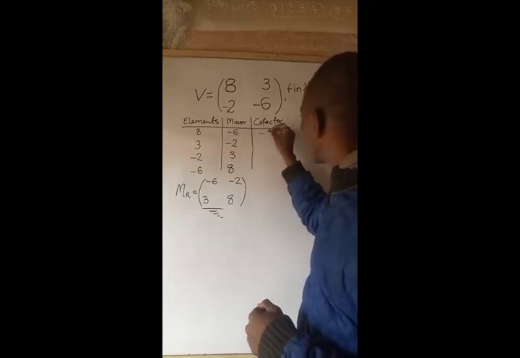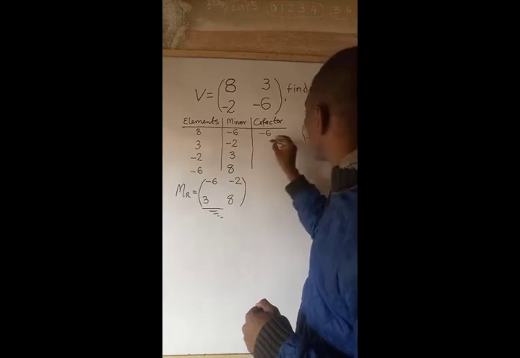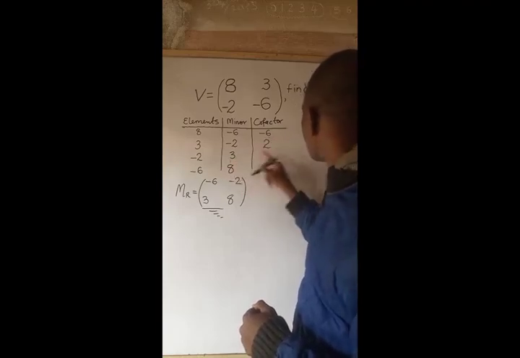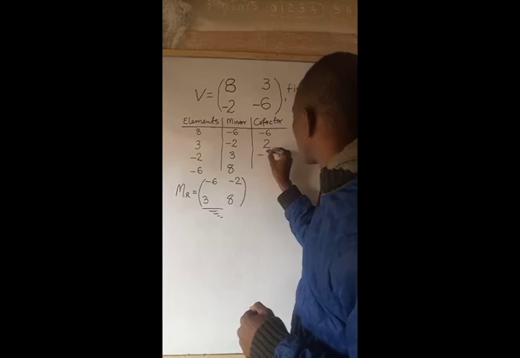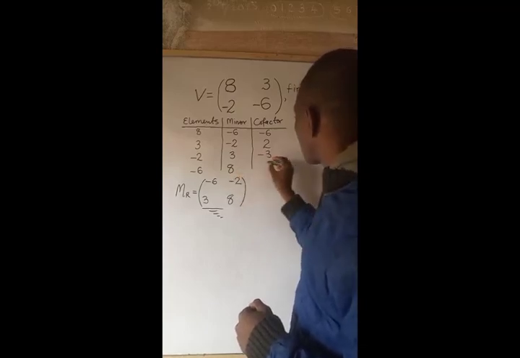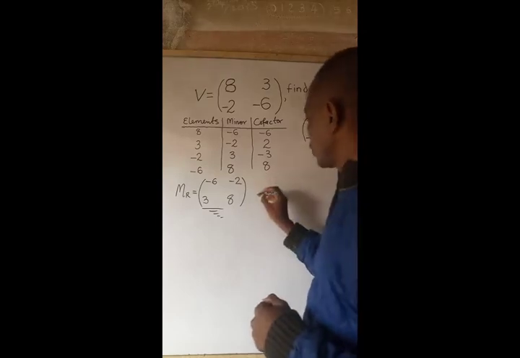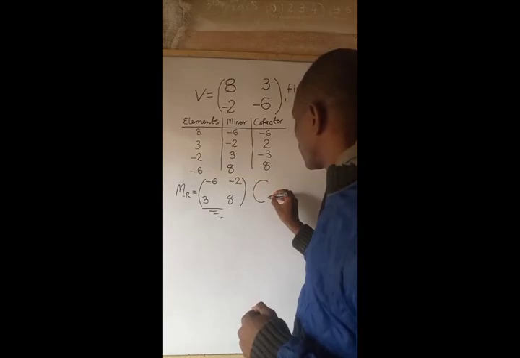It will give us -6. -2 times -1 will give us +2. 3 times -1 will give us -3. 8 times +1 will give us +8.